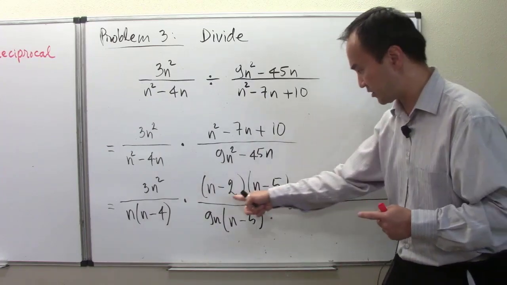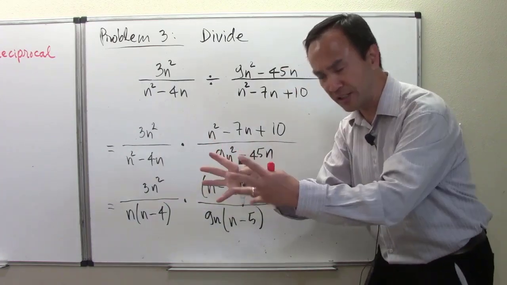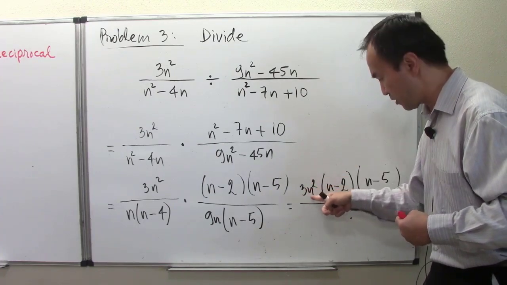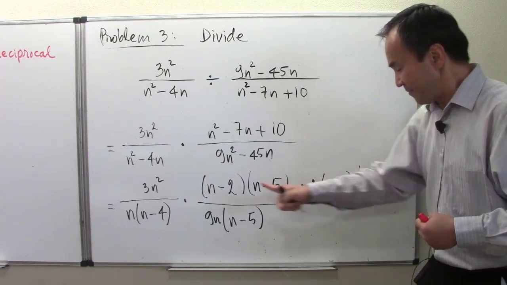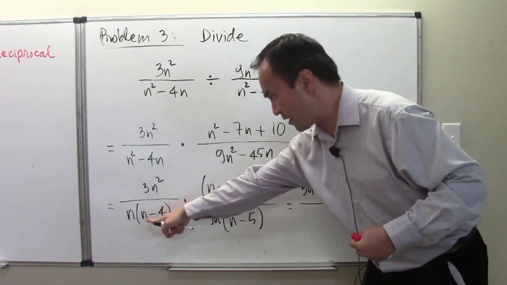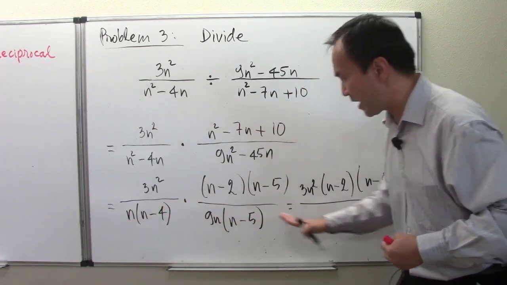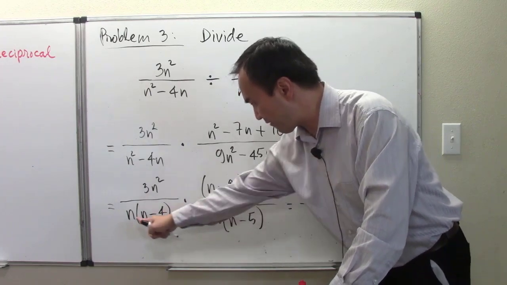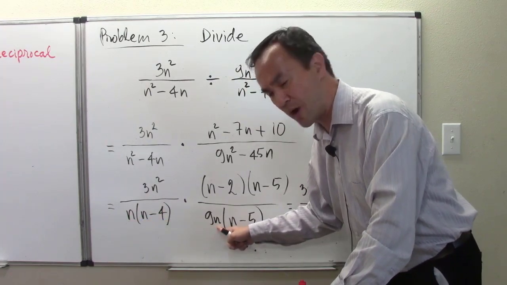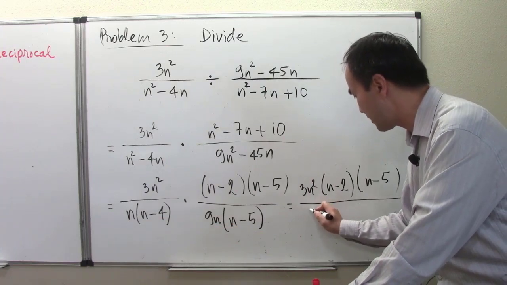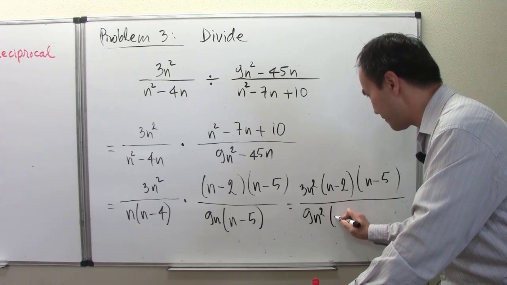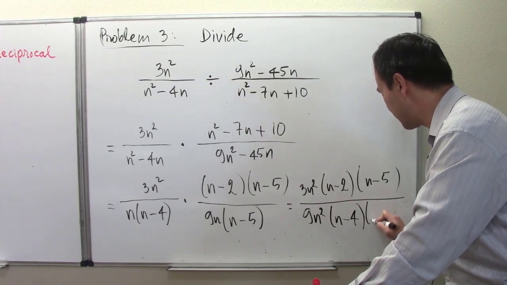Since these are all in factored form, we just put all the factors together. The same way with the denominator, the final denominator will be the product of these two denominators. And so we have n times n giving n squared. So my final denominator looks as follows: 9n squared, and then n minus 4 and n minus 5.